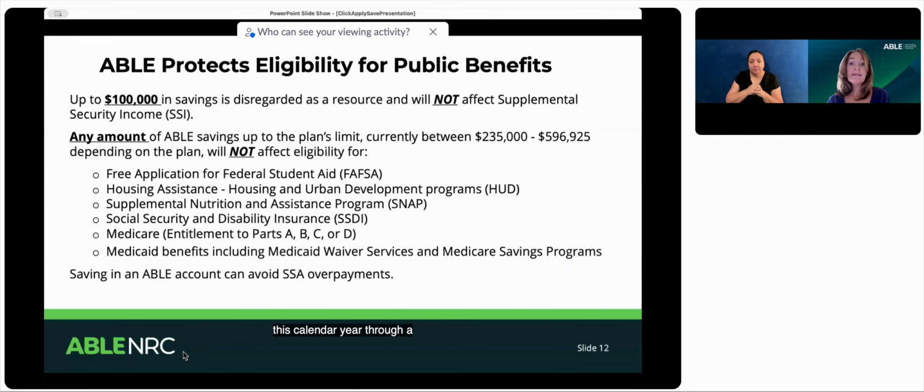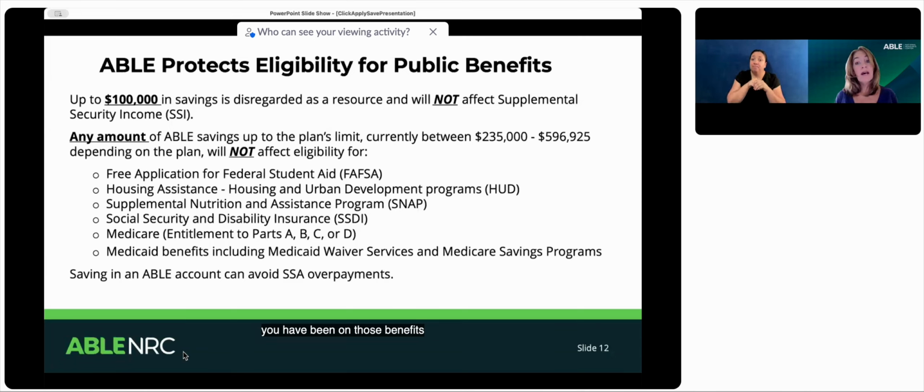ABLE also, on the next slide, protects eligibility for public benefits. So if you are on supplemental security income, you have been told for most of your life while you have been on those benefits that you can only have $2,000 in savings.